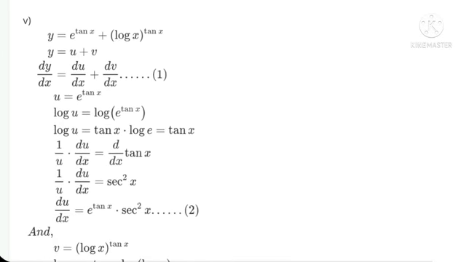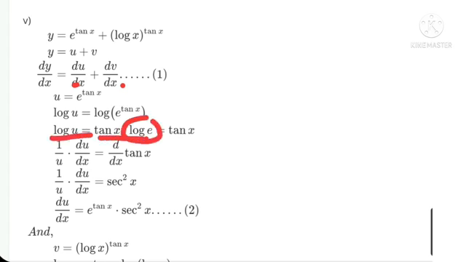Next one, fifth one. y is equal to e raised to tan 10x plus log x raised to tan 10x. Here also you take u and v, find du by dx and dv by dx. See, what is u? e raised to 10x. Taking log on both sides, log u is equal to log e raised to 10x. Log u is equal to 10x into log e.